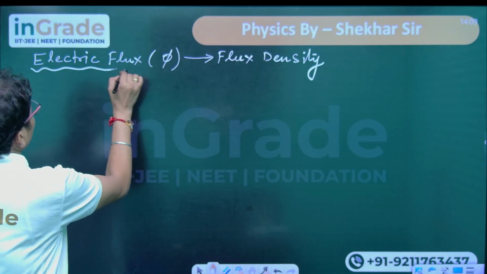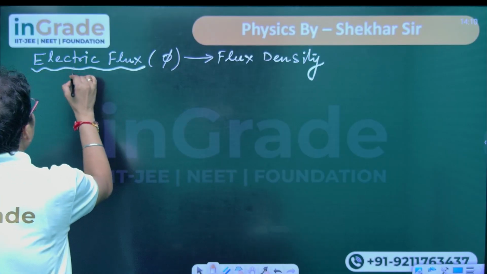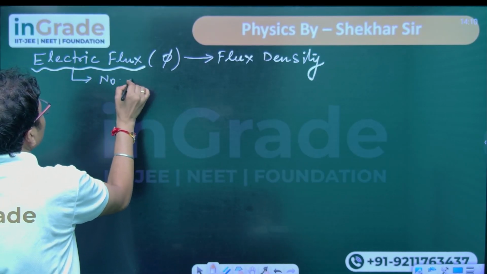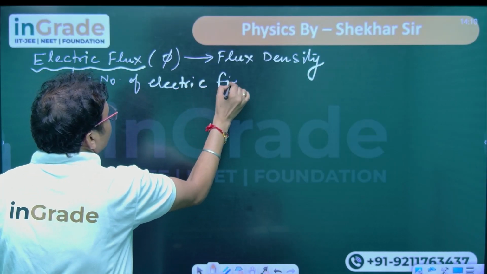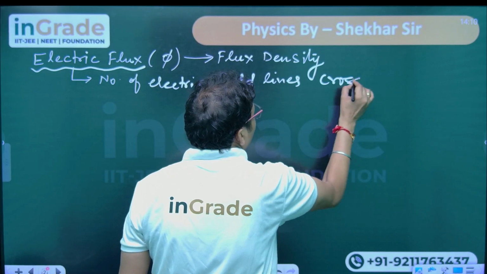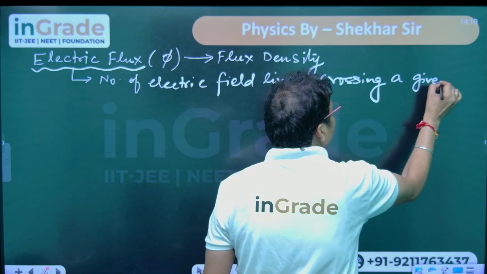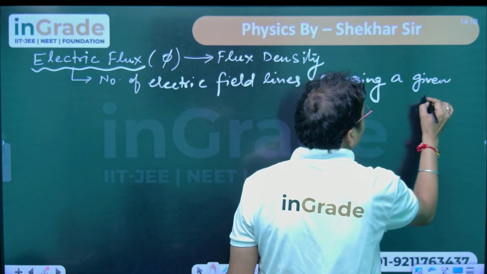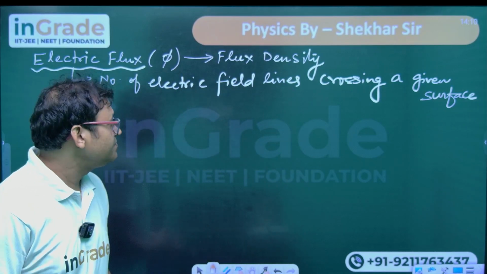Or we can say the physical interpretation of electric flux is the number of electric field lines crossing a given surface or passing through a given surface. That is called electric flux.